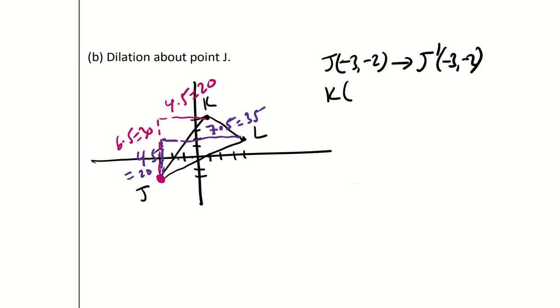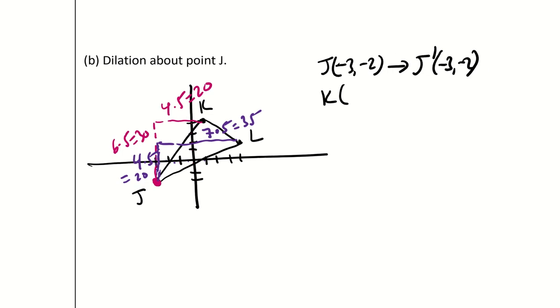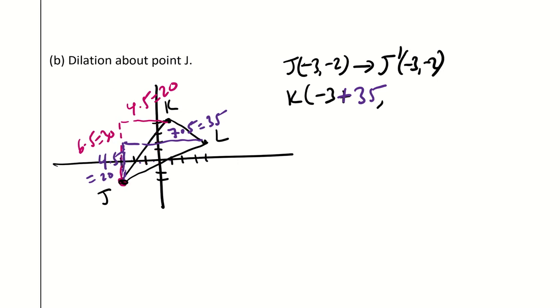All right. So in order to get K, all I have to do is take the coordinates of J, which is -3 and -2. So take the coordinates of J, and I would have to add 35 to it because I need to stretch it in the X direction by 35. And I'm color coding this so you can kind of tell.